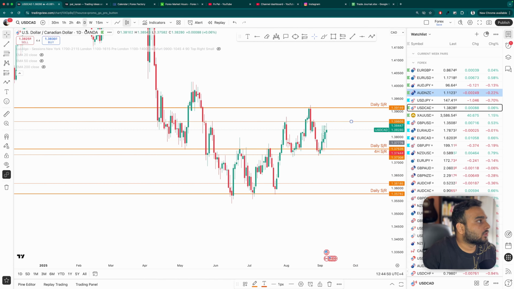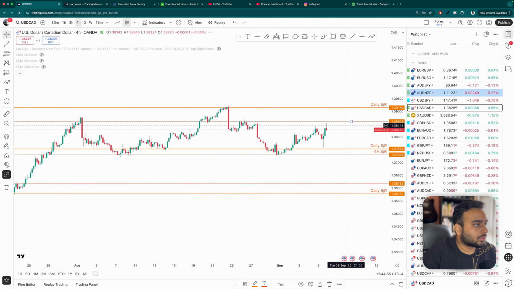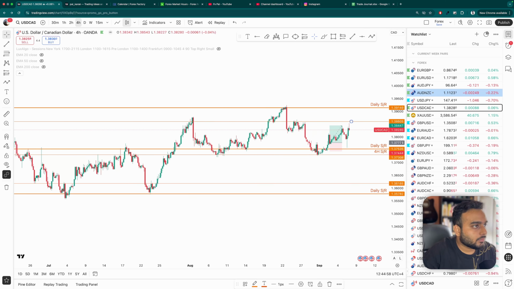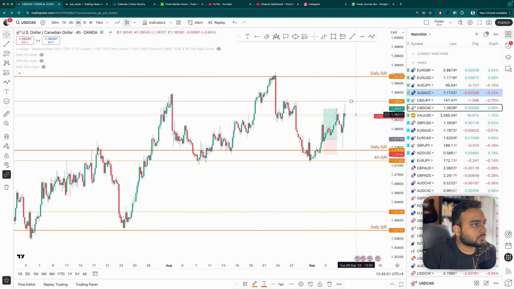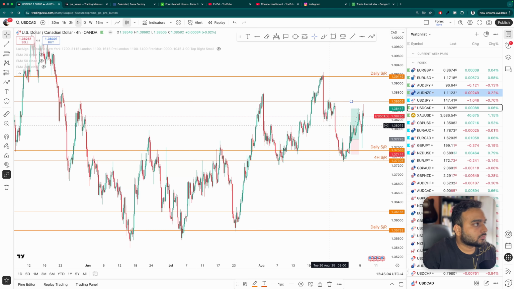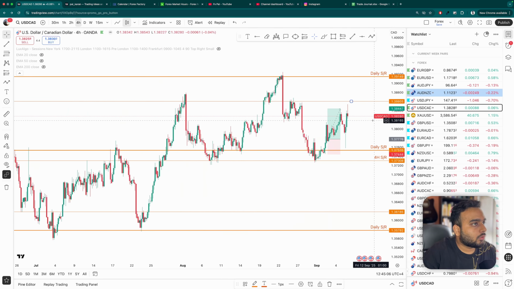Okay, so what I want price to do in this case is, let's see at 4 hours what it's looking like. So all I want price to do is touch this key level area, reject from here. Give me rejections here, and then on smaller time frame do something like this.